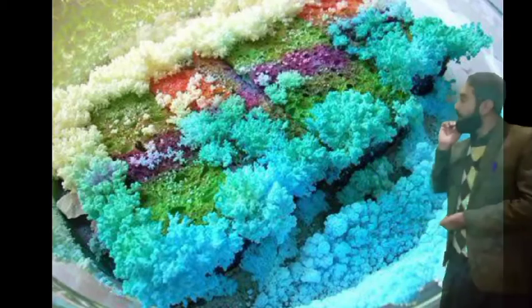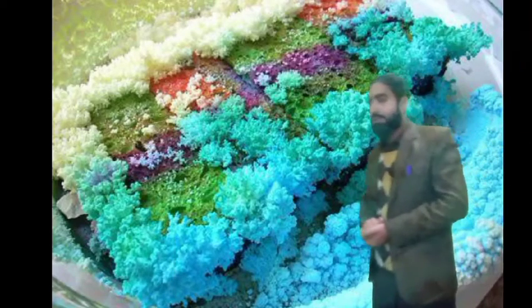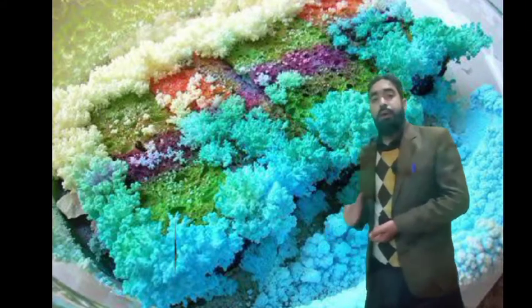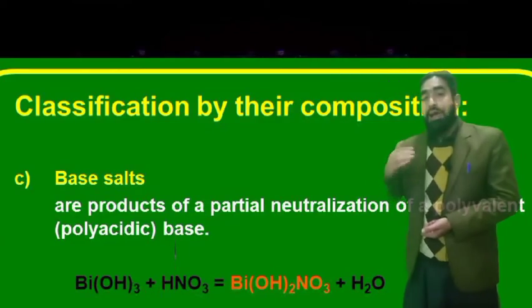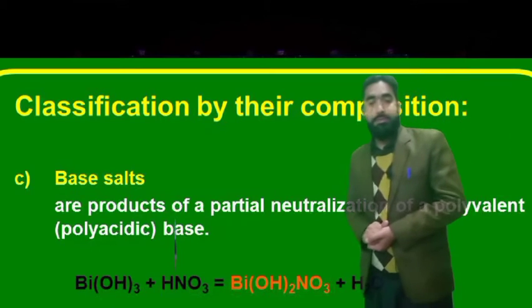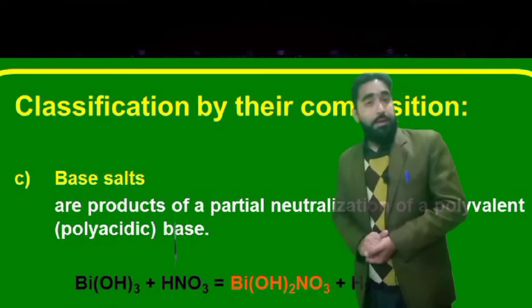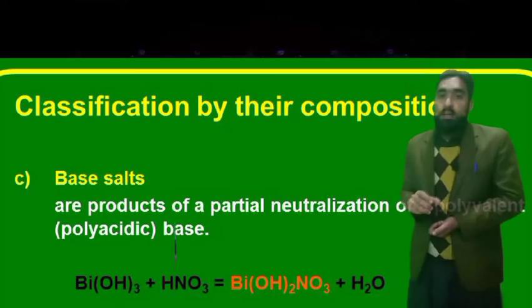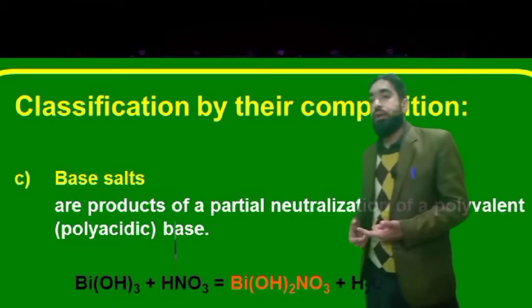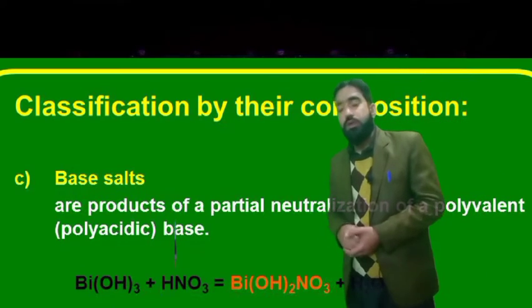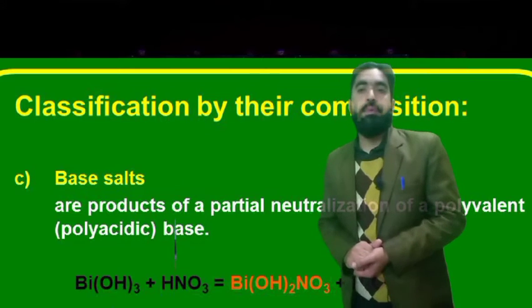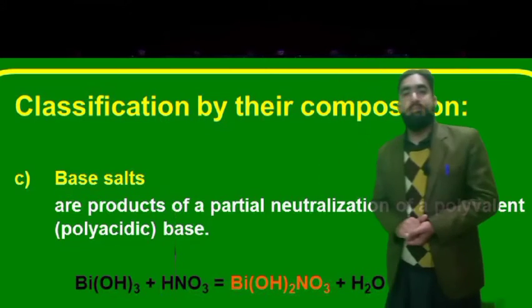Number second, we will discuss the basic salt. The basic salt contains partial hydroxyl ion of a base. The basic salt turns the red litmus to blue, and we can check its pH with the help of pH paper or with the help of pH meter.